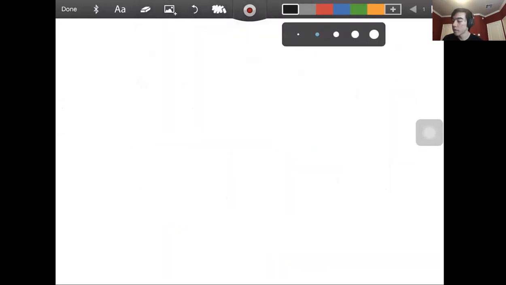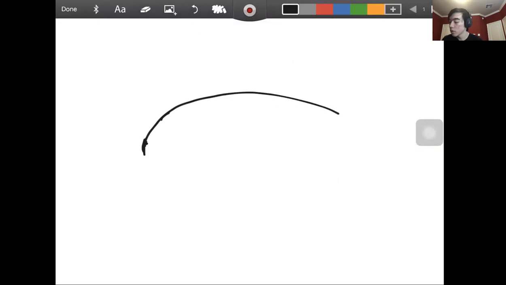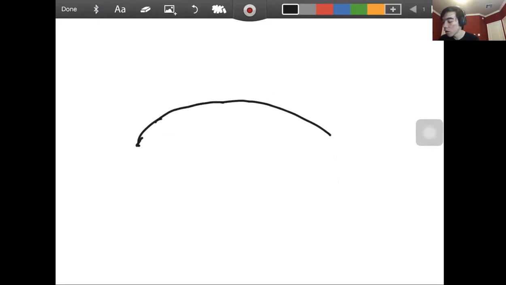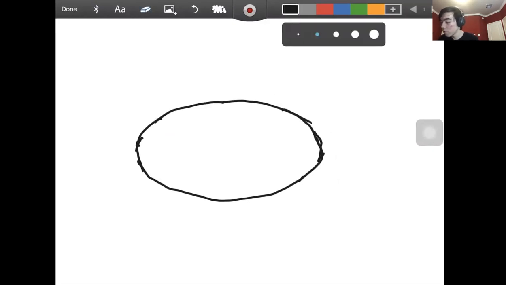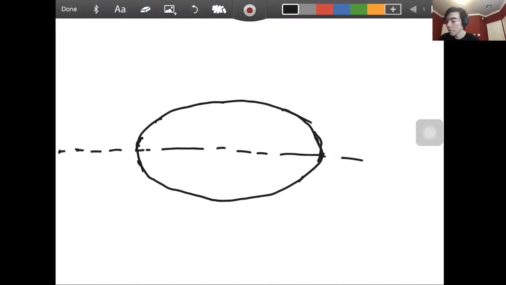Okay, more about ellipses. In an ellipse, you have 2 axes of symmetry: this long axis and this short axis.